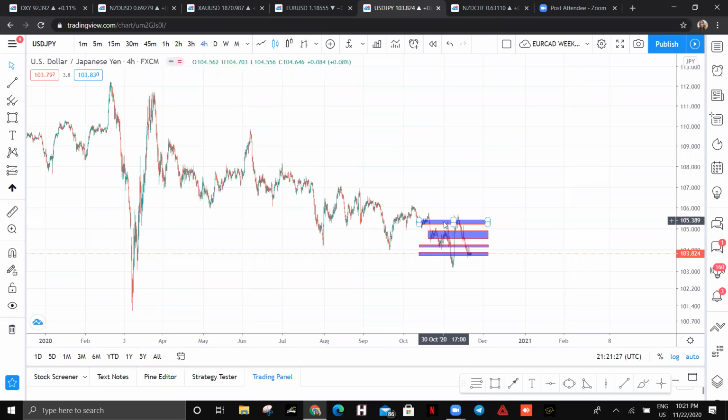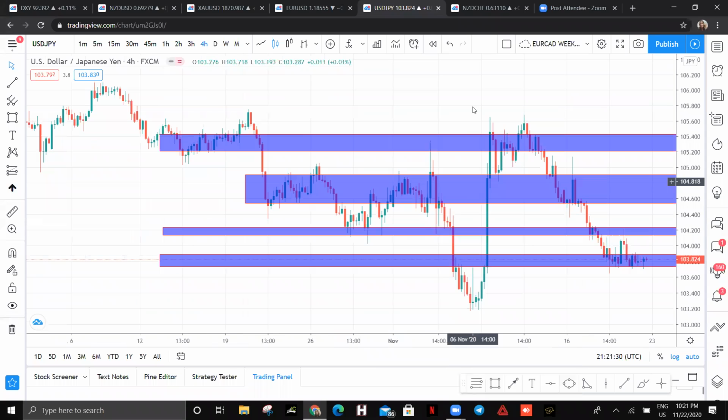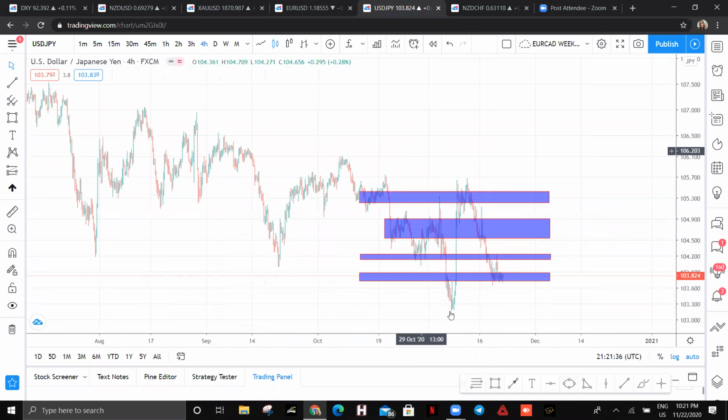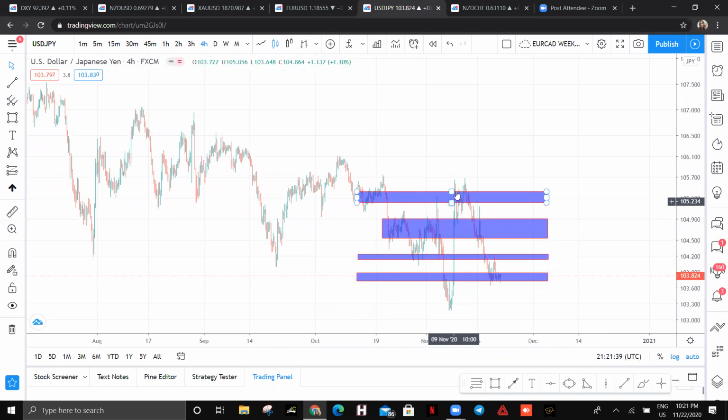It kept reacting to it. So let me zoom out very well. This was the recent low after this impulse move, and this downward impulse move did not break this particular low here. Let me circle it.